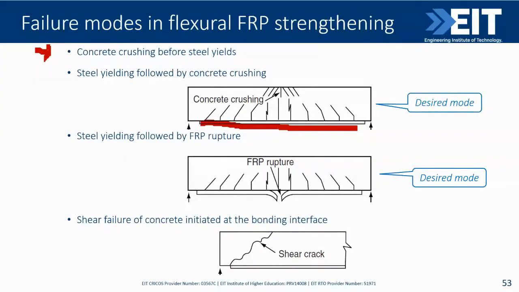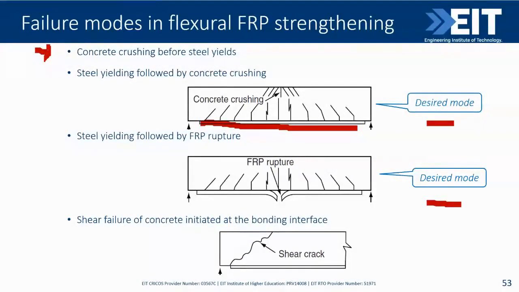Steel yielding, but FRP sheets changing the equilibrium in the cross section. So the steel yields followed by concrete crushing, that's one of the preferred modes. Steel yields followed by FRP rupture is also a preferred mode.